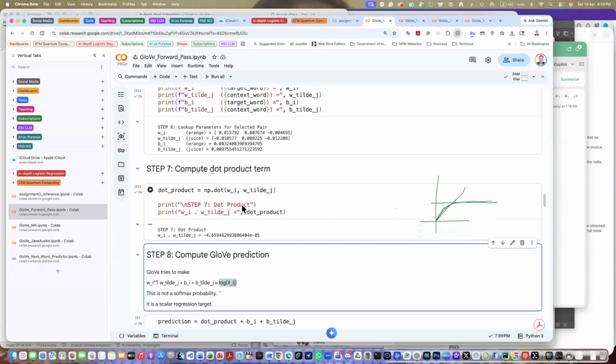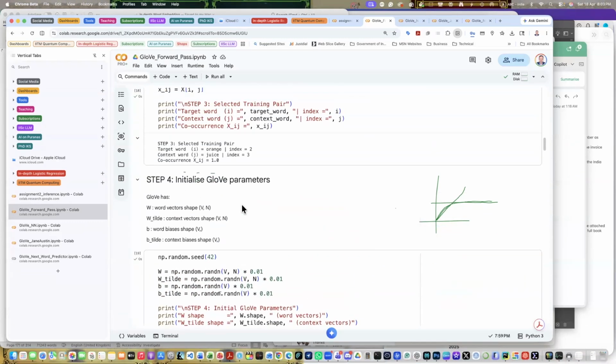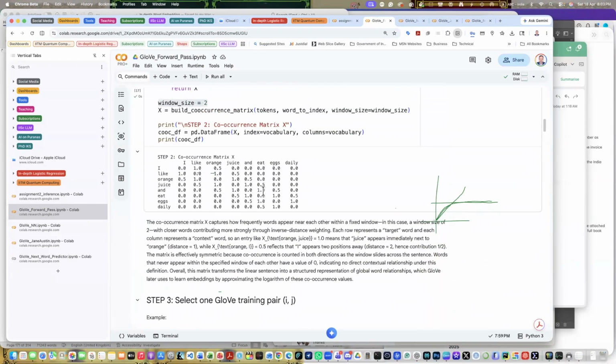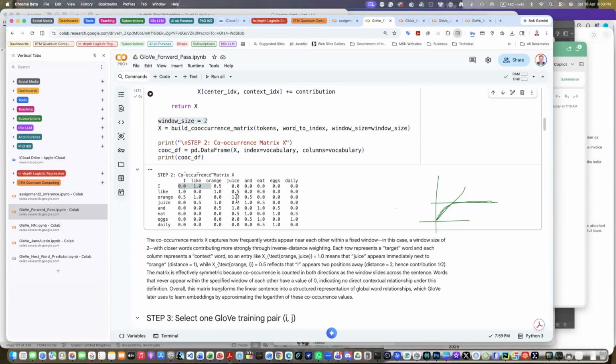Now the left hand side, how I got it is that I have my co-occurrences. I have a pinpoint co-occurrence for every pair, so for orange and juice, I have a pinpoint co-occurrence.